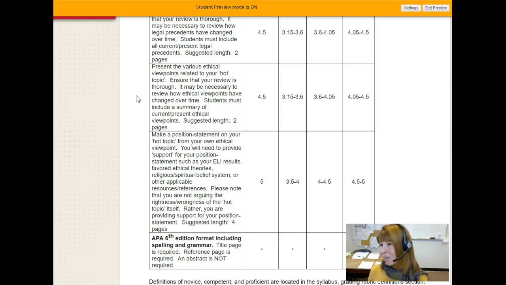So when you're being asked to compare and contrast how viewpoints have changed over time, you may or may not find that in a scholarly peer-reviewed reference. You may find some of that in a popular piece of press, maybe a newspaper article, maybe a magazine article, and it's fine if you have something like that included in this section, but you are still going to want to embed scholarly references.